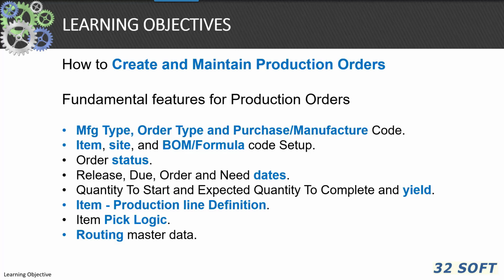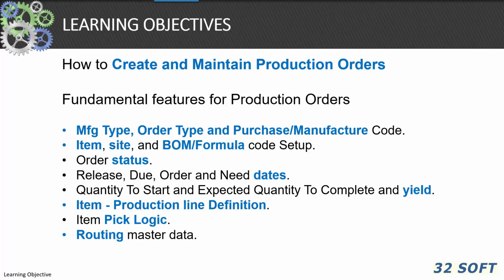The fundamentals of new production orders are that the manufacturing type and the order type, along with the make-buy code, determine what kind of order you're going to produce. There's item, site, and BOM setup we'll talk about. Order status is pretty much the same as we saw with the old work orders.